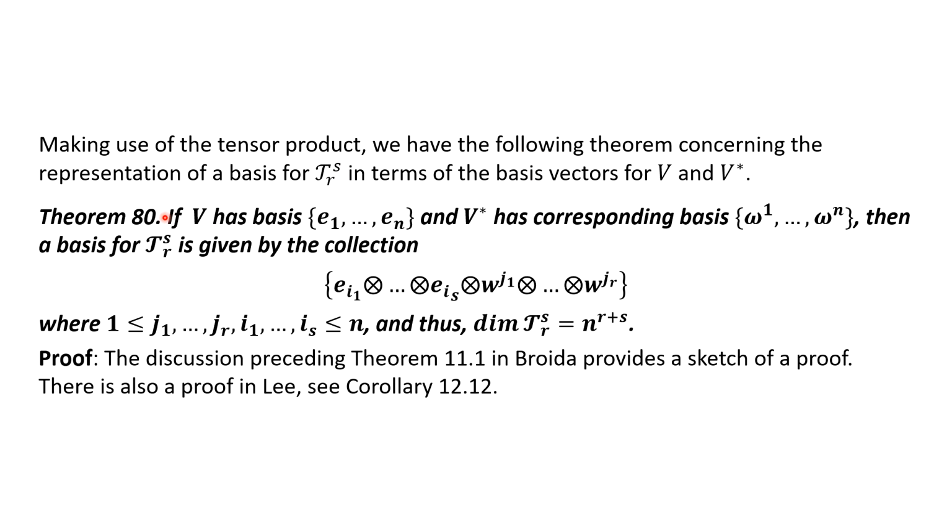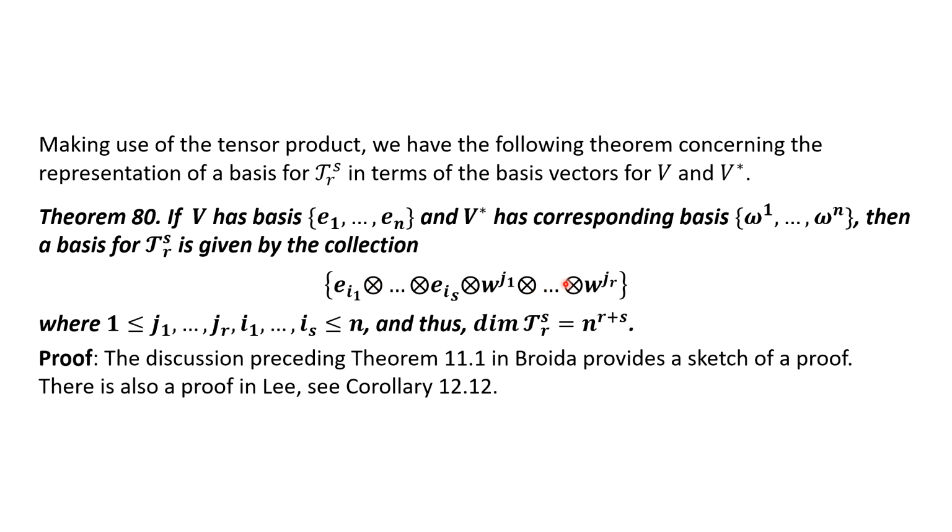So this is the theorem I alluded to a few slides previous. If V has a basis E1 to En, and the dual of V has corresponding basis omega 1 up to omega n, then a basis for the tensor space is given by this collection, this set here. And these are, in fact, tensor products.